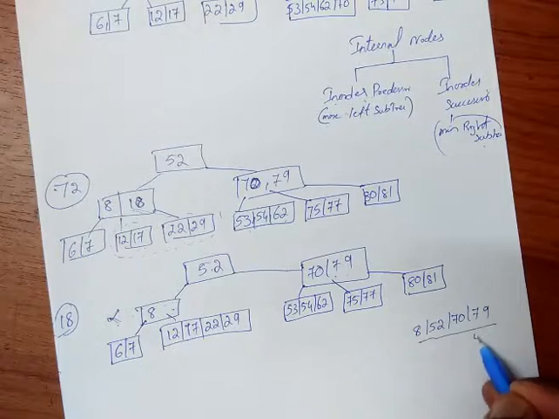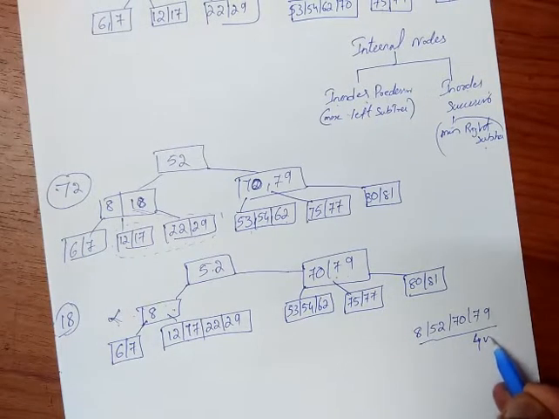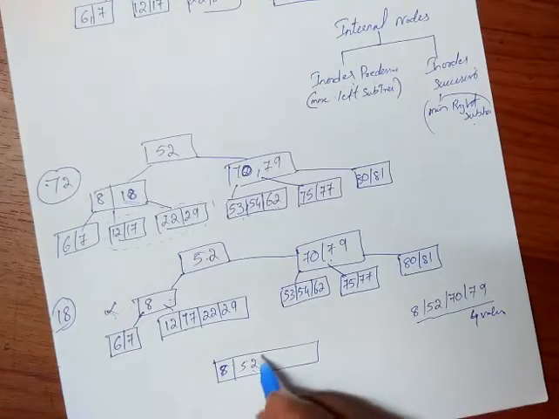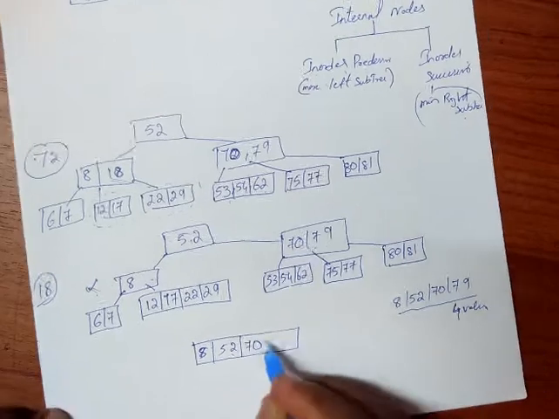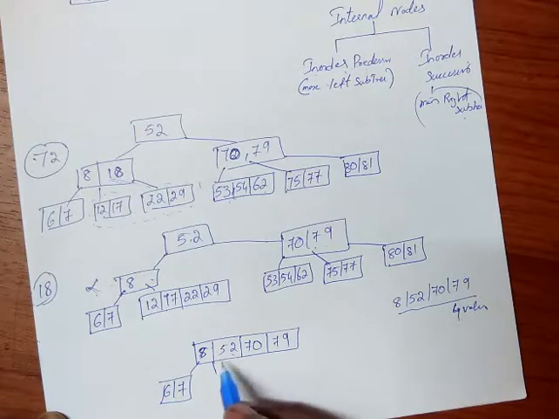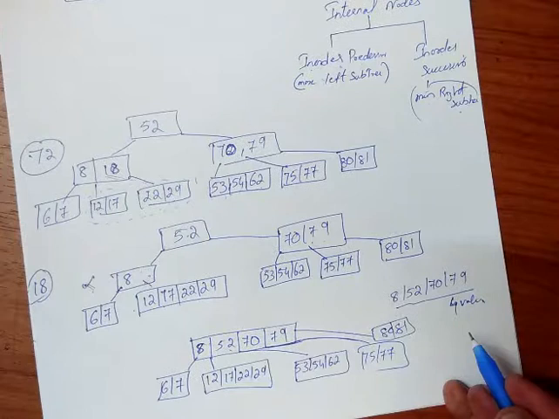Here also it contains only 4 elements, which is less than or equal to the maximum, so we don't need to find the middle element or do any splitting. Here we just write the merged list, that is 70, 79, 6, 7, then 12, 77, etc. Okay, here is the final list.